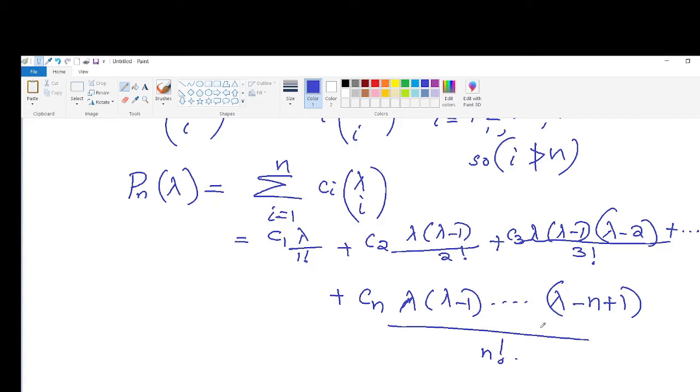So this is the formula to calculate the chromatic polynomial of a graph.